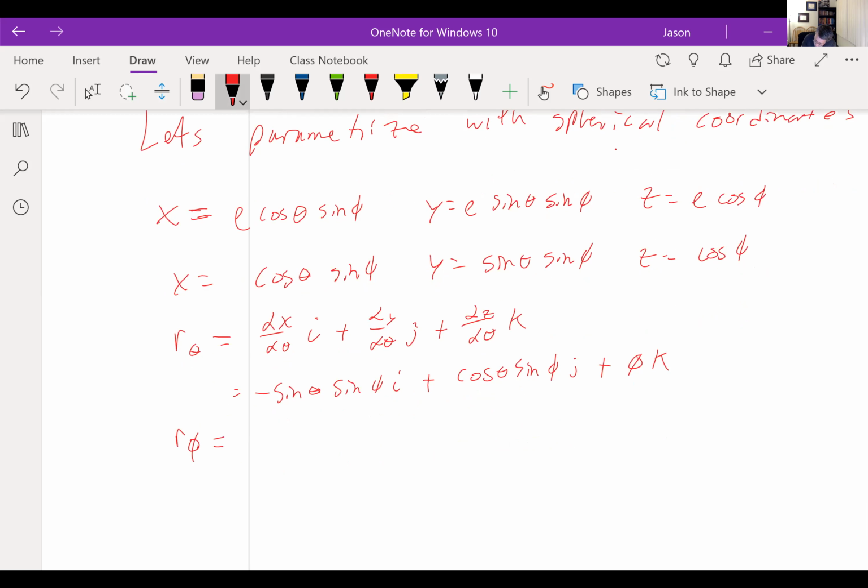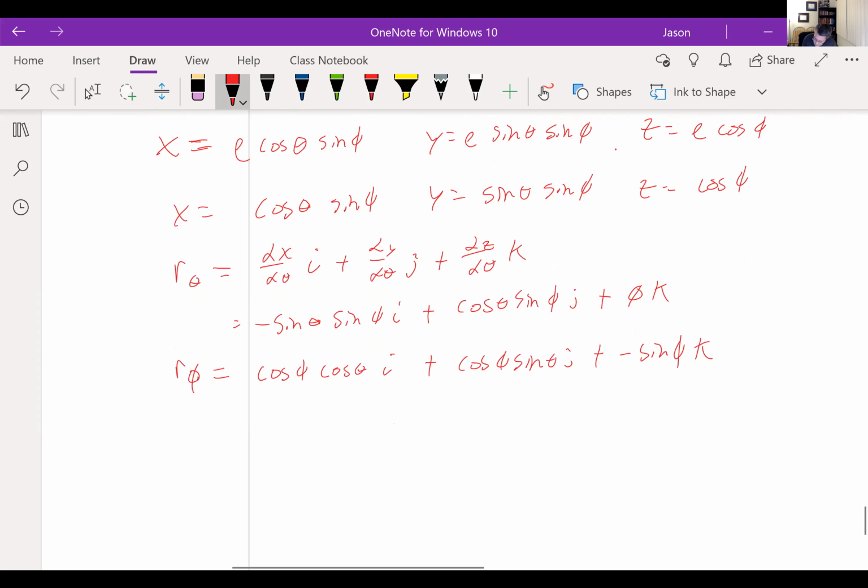What about r of phi? Again, that's just dx d phi, dy d phi, dz d phi. So dx d phi is going to be cosine phi cosine theta i, plus y is going to be cosine phi sine theta j, and the derivative of cosine phi is negative sine phi, so this is minus sine phi k.